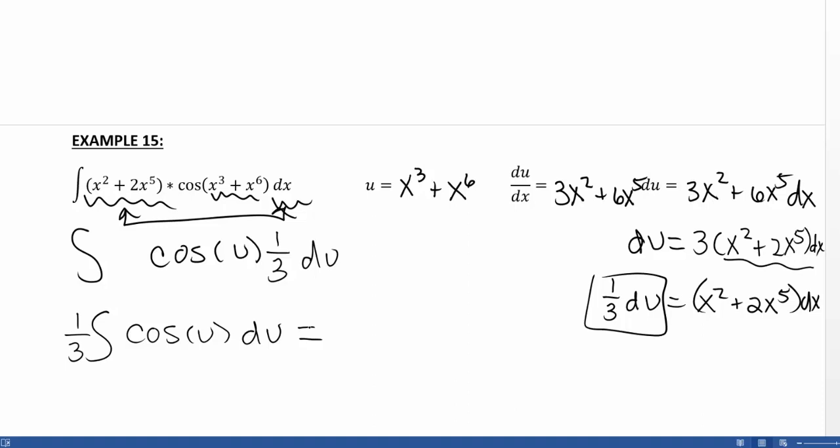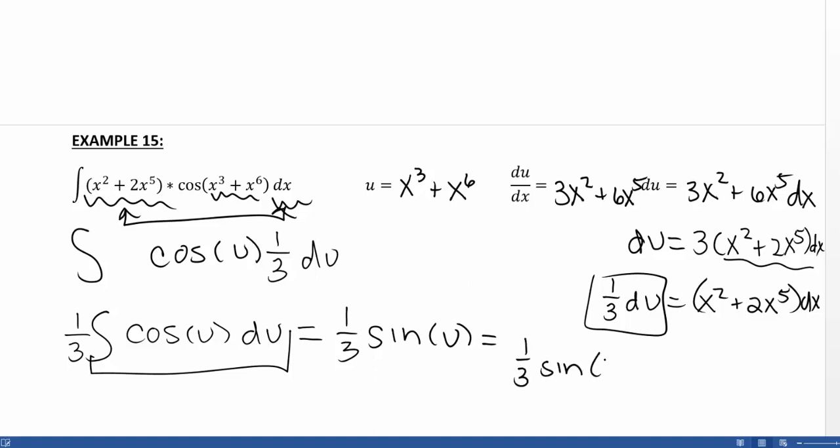Now I have my constant multiple, which is 1/3. This indefinite integral says find the antiderivative of cosine of u du. To do that, I need the antiderivative of cosine, which is sine. So I have 1/3 sine u. I don't want a u in my final answer, so I have 1/3 sine of x cubed plus x to the sixth.